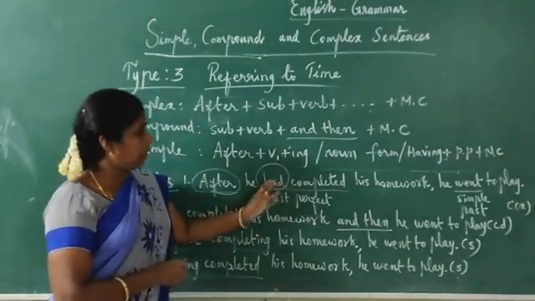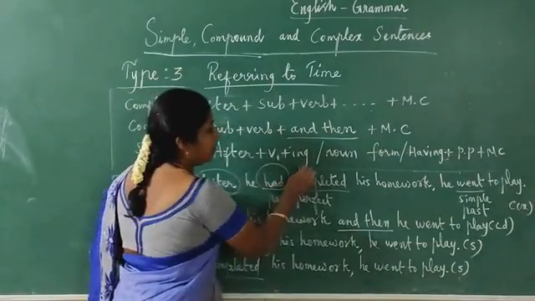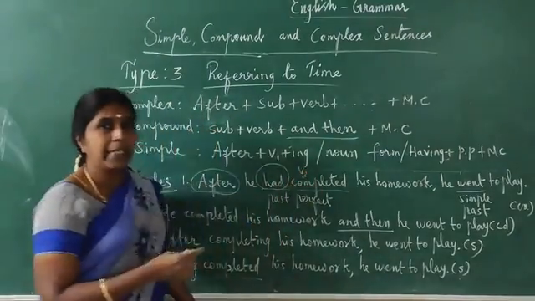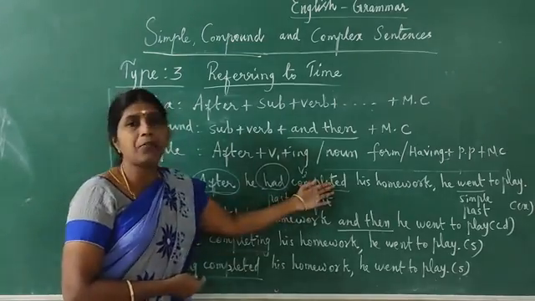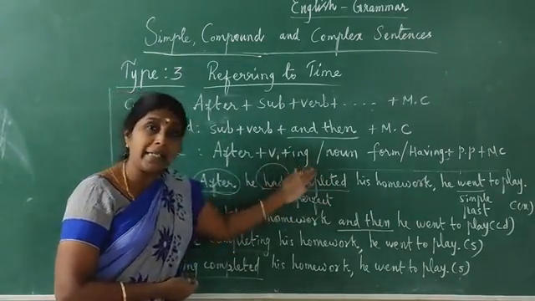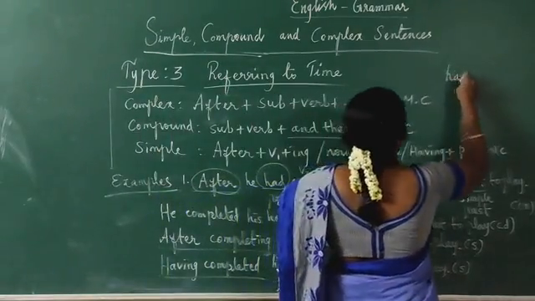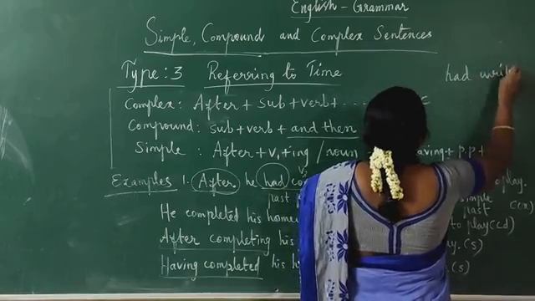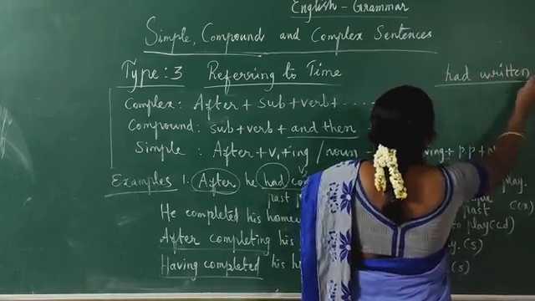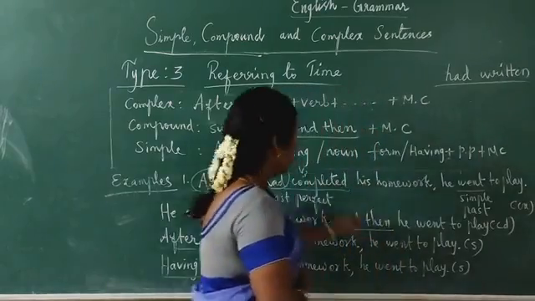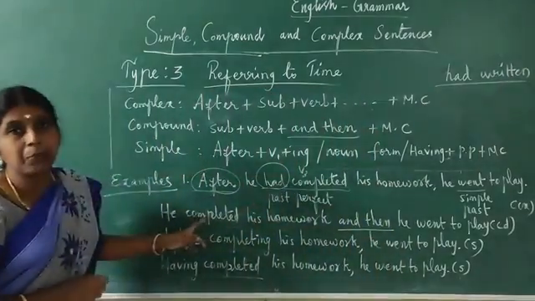Here one thing you should remember: after had comes verb 3. This one, completed, is a regular verb. Sometimes they give had written. Simply you see this, had written. Here this one also, what tense? Past perfect tense. What I told you, we have to write with simple past tense.